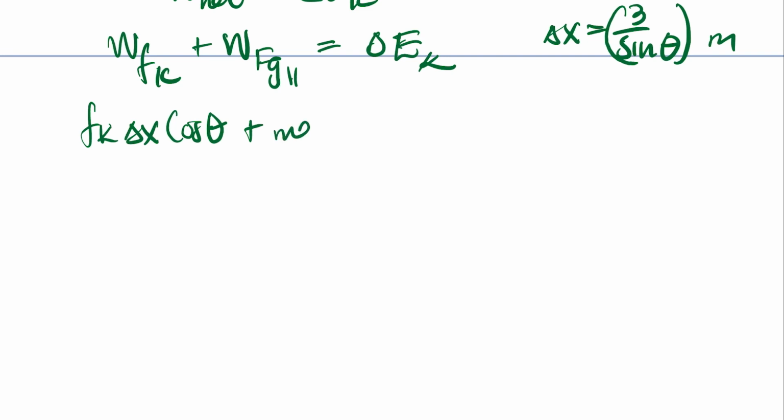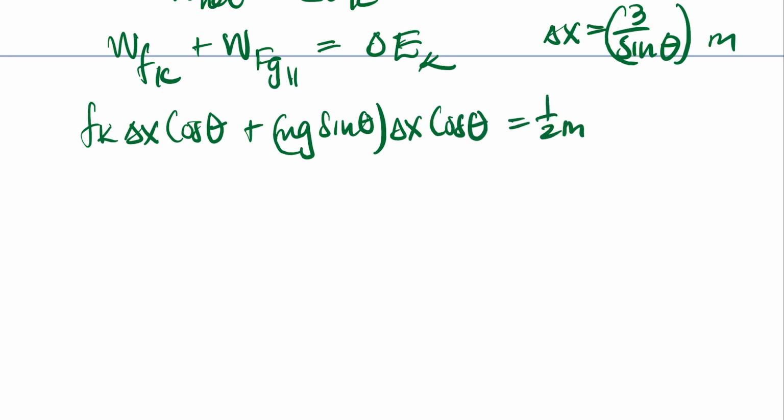So it's going to be mg sine theta, that's Fg parallel, delta x cos theta, equal to half mv final square minus half mv initial square. Here's our unknown as well, and this is our unknown too. Let's see if we cannot get away with that.